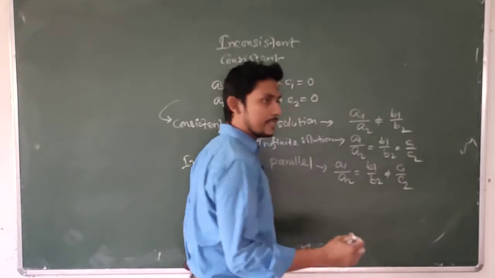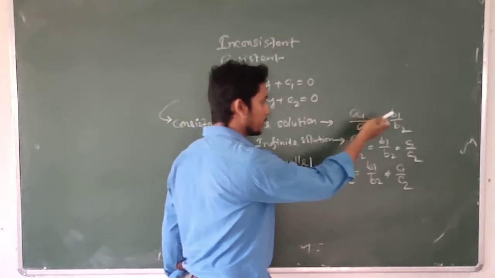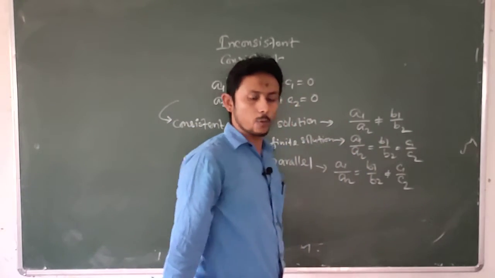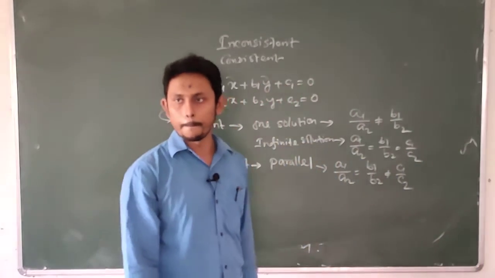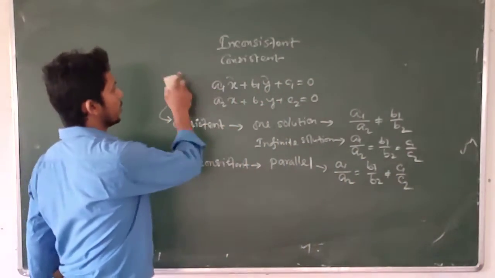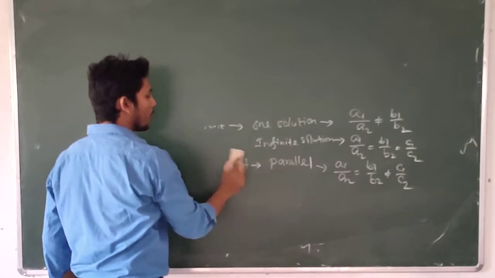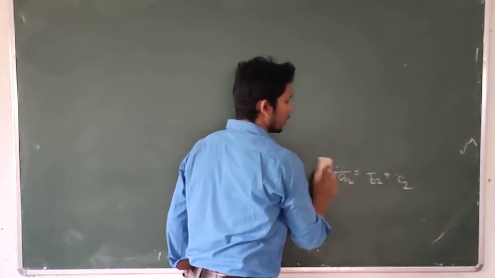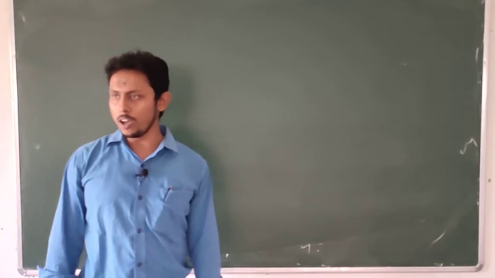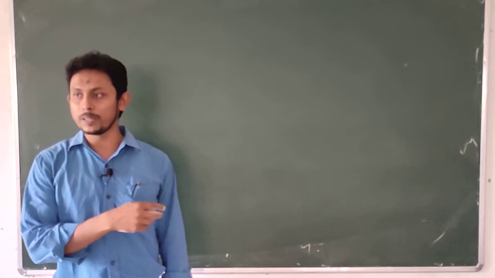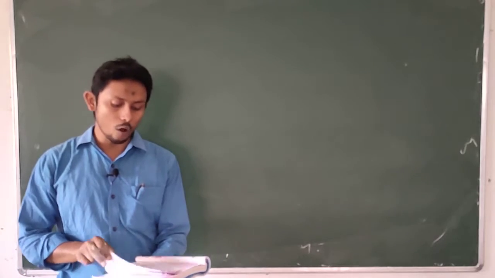And we have discussed this in the last class thoroughly, why it is this, with images. Now we have learned the graphical method, but today we are going to learn the substitution method. So you have to practice this. It's just a recall part.